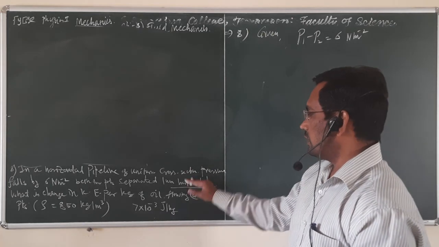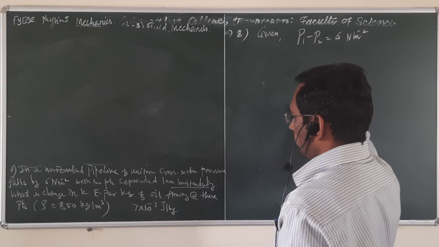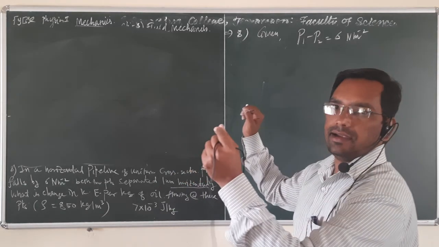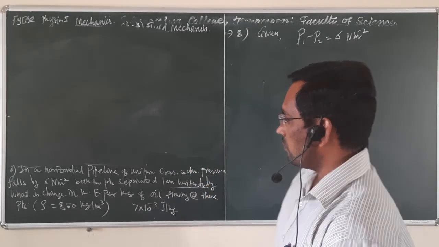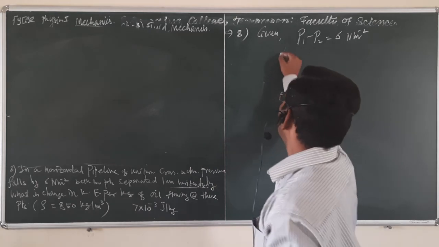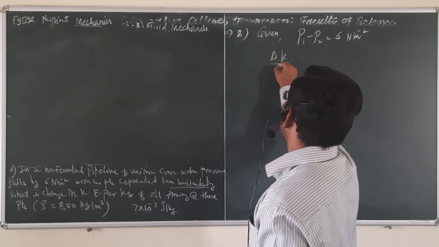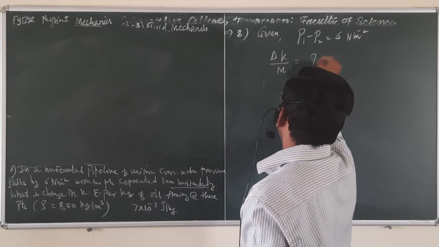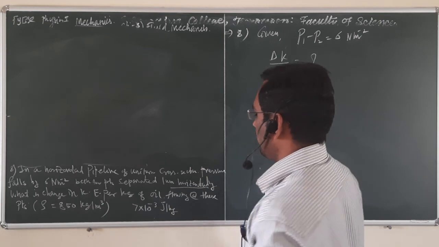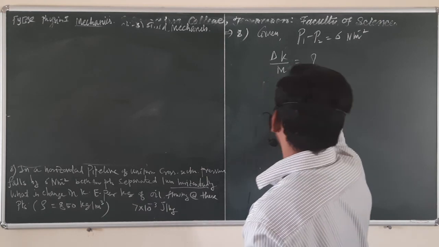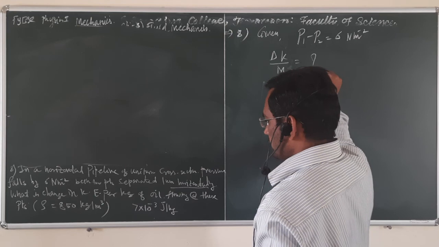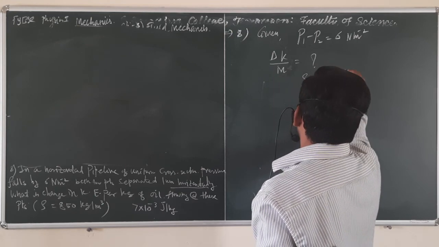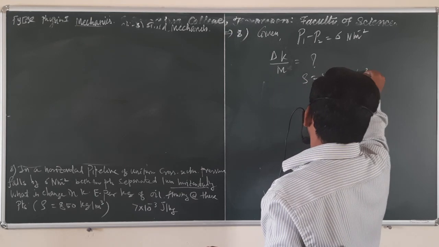For a horizontal pipe, both points are at the same height. Then the change in kinetic energy per kg, delta K upon m, is what we have to find out. Density is also given, which is 850 kg per meter cube.